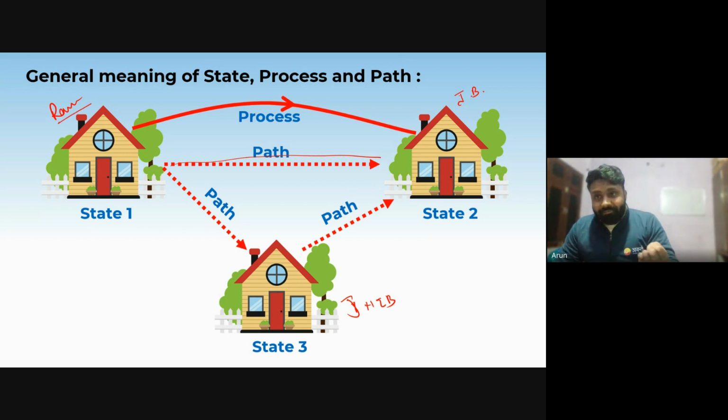So they are taking airway or roadway, or using their bicycles to reach JNV Baleri. So this is the process. The connection between them is the path. When the student of JNV Ramnagara reaches the student of JNV Baleri, it has changed its state from JNV Ramnagara to JNV Baleri. Same thing happens with water. When we boil it, boiling means we are providing heat.